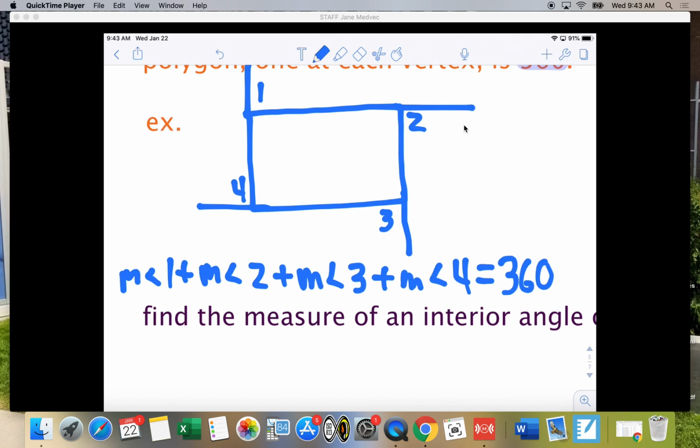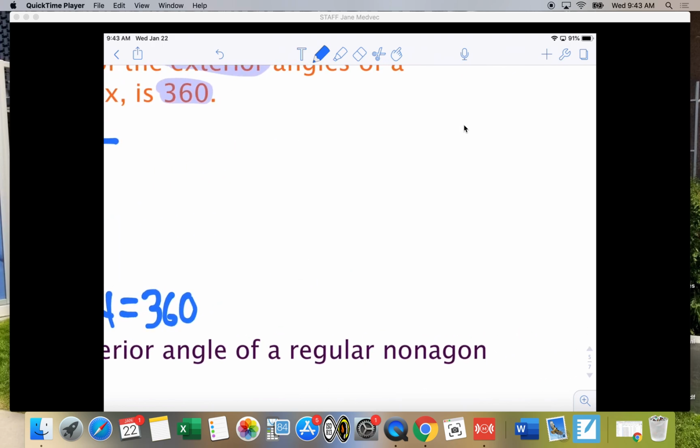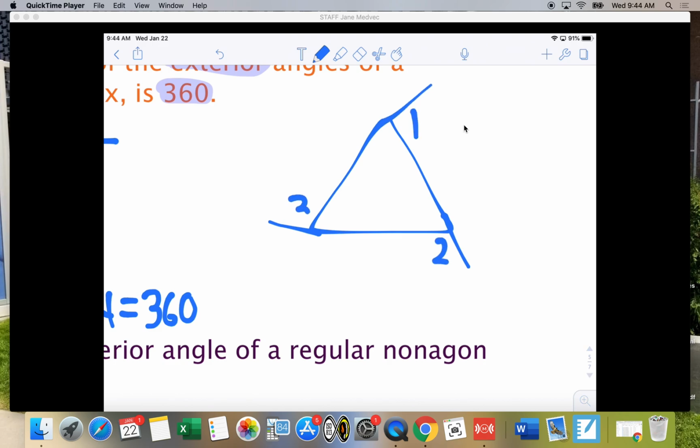Essentially what happened is they just extended the side a little bit, and this little piece right here is an extension. This is true not only for a quadrilateral, but for any shape. If it's a decagon, a nonagon, a pentagon, whatever, their exterior angles equal 360 degrees. All of them. So I could even have a triangle here, and I could extend, and this is angle 1 and 2 and 3.